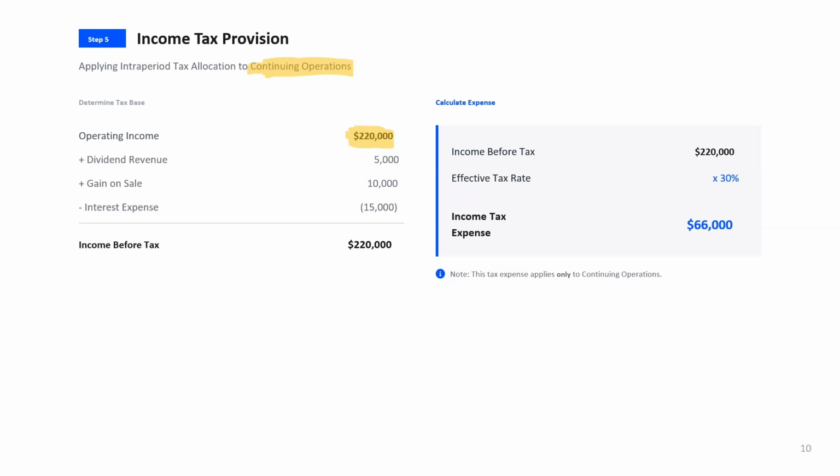This is an application of intra-period tax allocation, meaning we are allocating the tax expense to the income that generated it. Remember, this tax expense applies only to the income from continuing operations. We will need to keep this figure separate as we move on to the final, more complex section of the income statement.